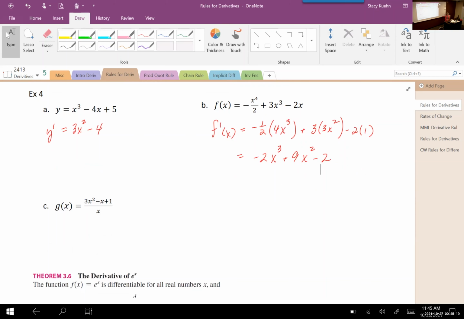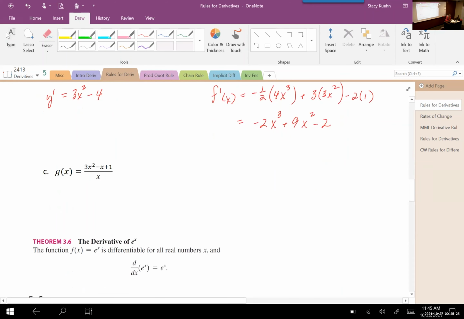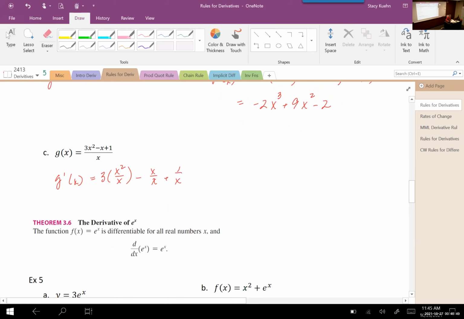So for this one, if we approach it using this method where we're going to look at each of the individual terms, then I can say, okay, g prime of x would be equal to 3 times x squared over x minus x over x plus 1 over x.